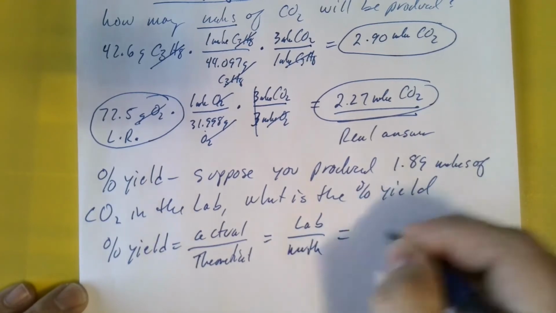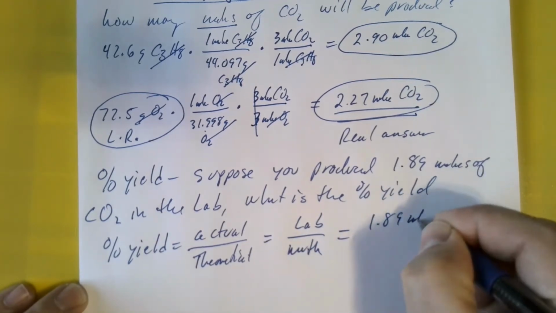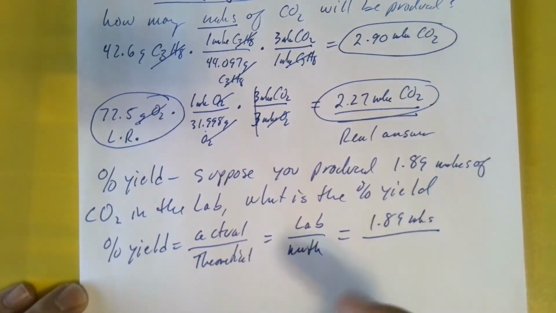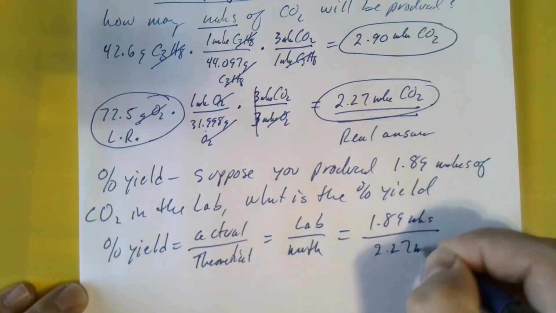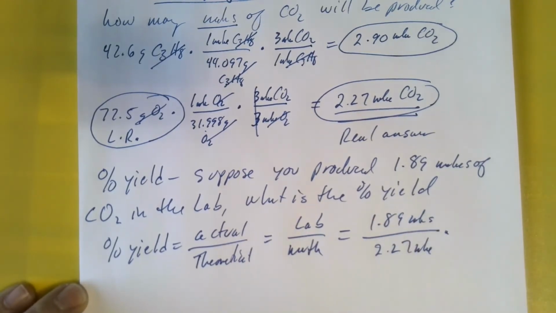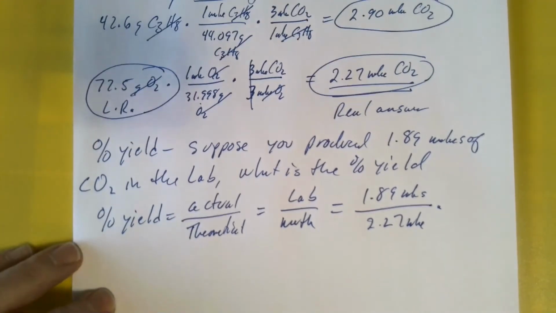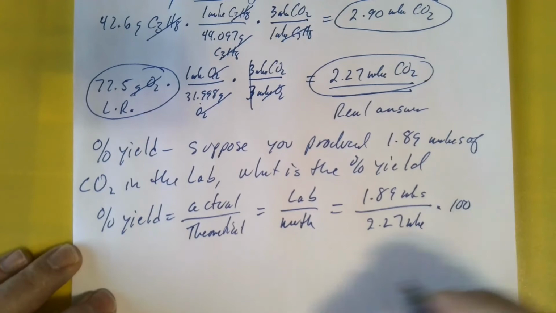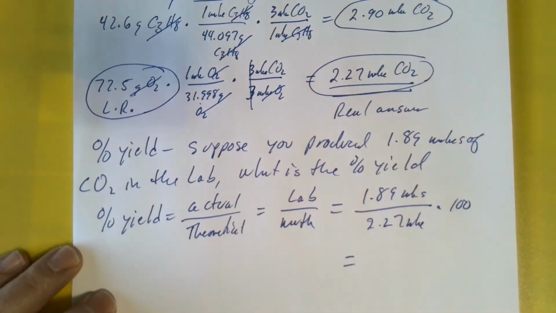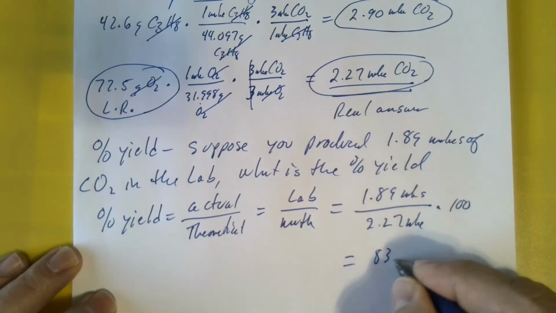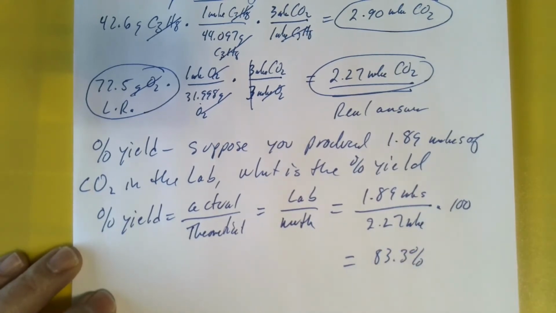So it's going to be my 1.89 moles divided by my 2.27 moles, and I'm going to times that by what? 100. Times it by 100 to turn that into a percent, and what do I get out? 83.3%. 83.3%. Anybody back that up?